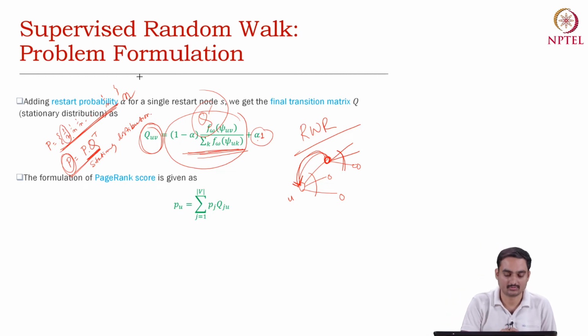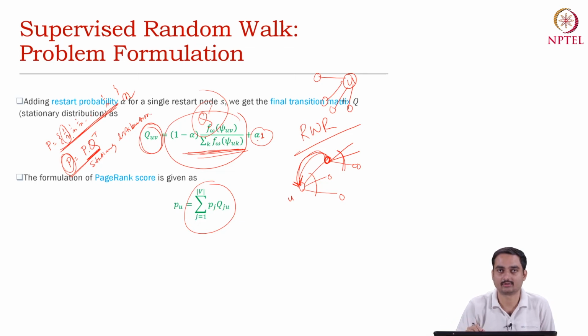Right. So if you unfold it, what are you doing? Say this is U, and these are the nodes which are pointing to U. So essentially you are taking the summation of all its neighbors' prestige.